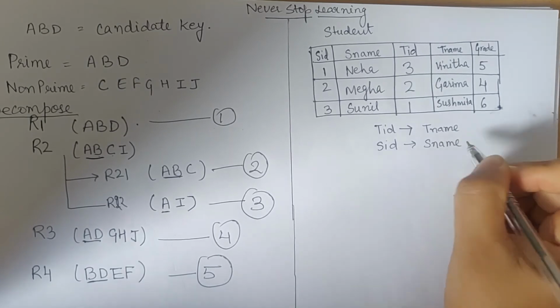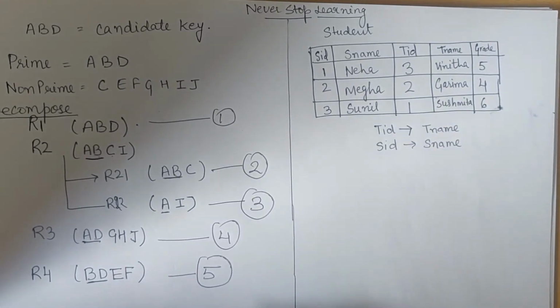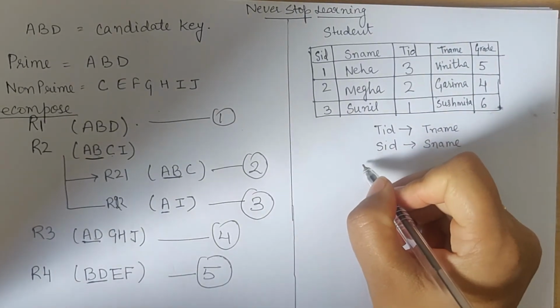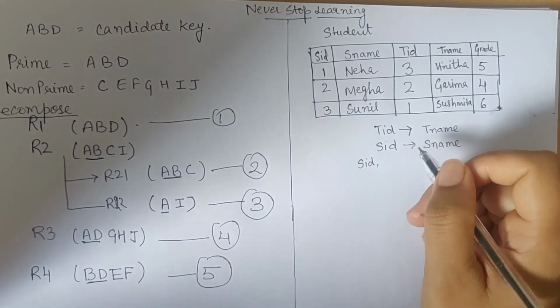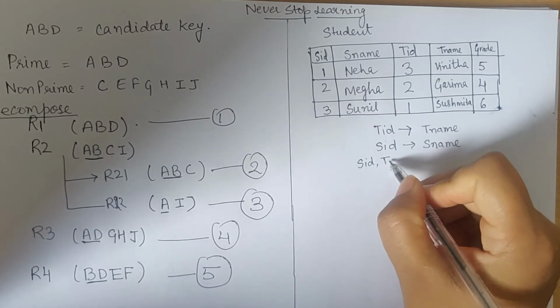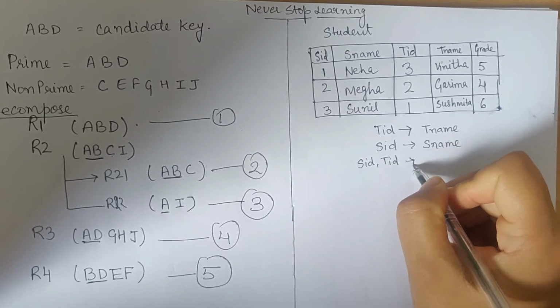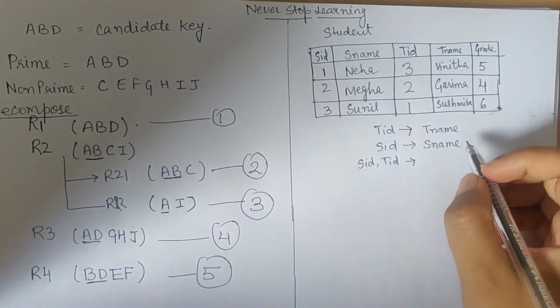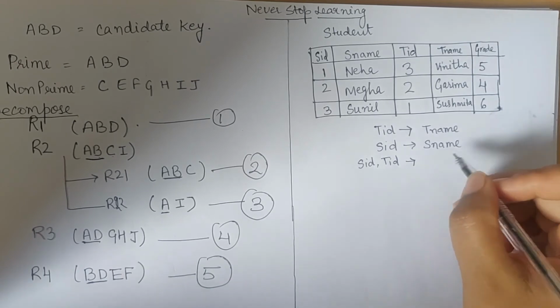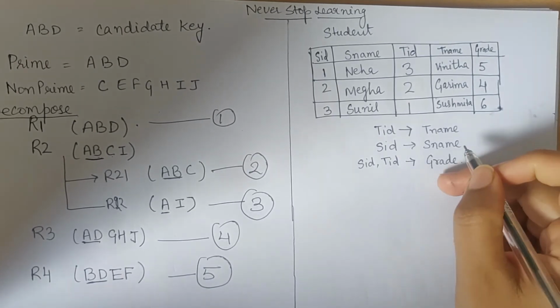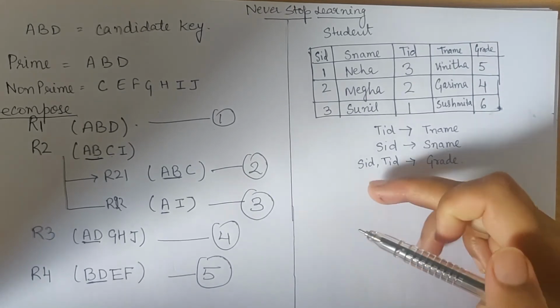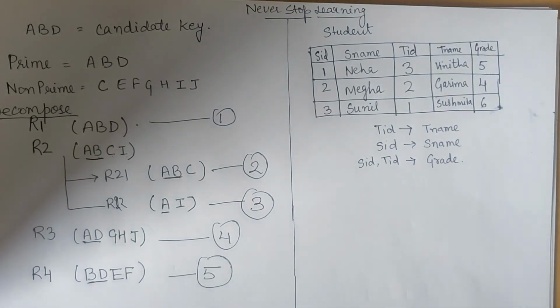If I am having the student ID, I can tell you the student name. And third, student ID, comma, teacher ID: if I am having both, then only I am able to give the grade. So grade is dependent on teacher ID and student ID.